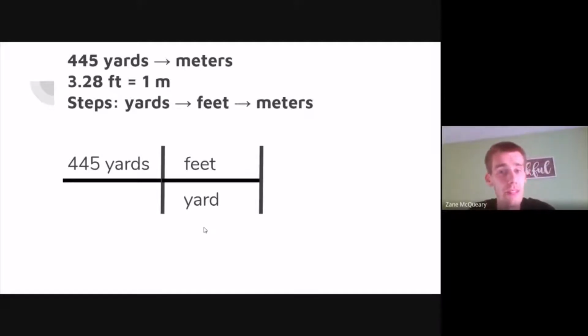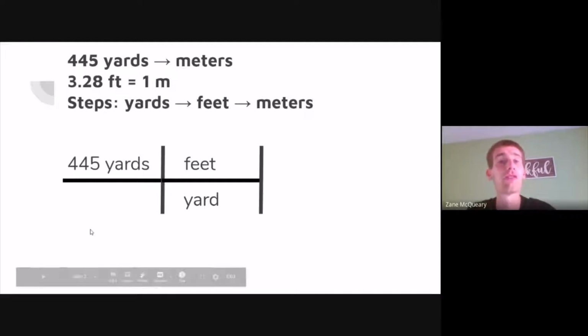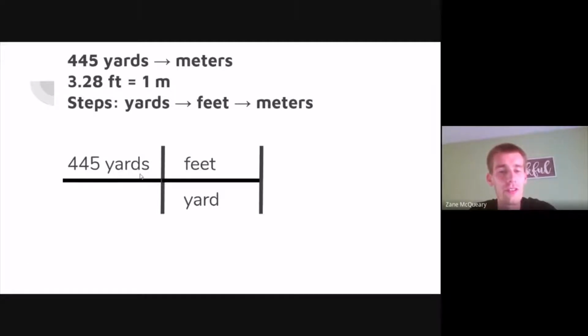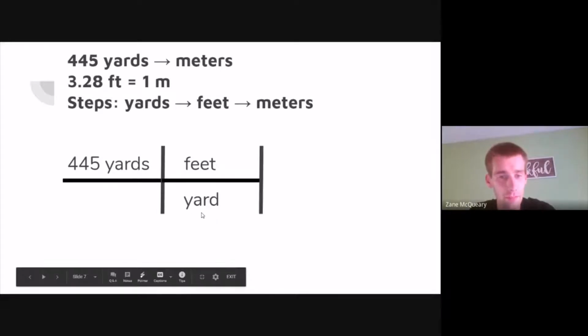And we'd be left with feet. So when you're doing these conversion factors and you want to get rid of something, we're going to make sure that they're opposites. We need to make sure that one of these units, in this case yards, is in the numerator, and we need to make sure one is in the denominator.